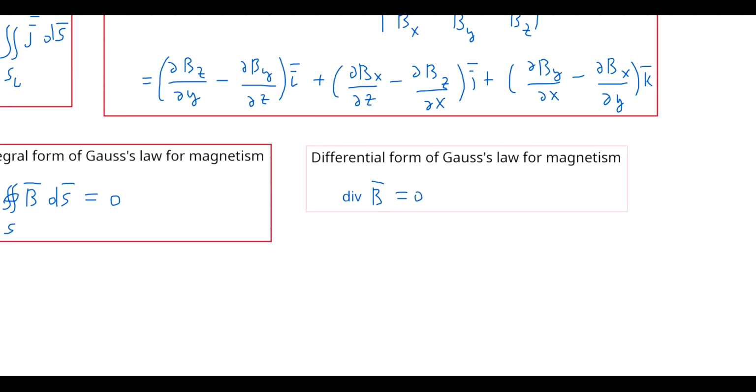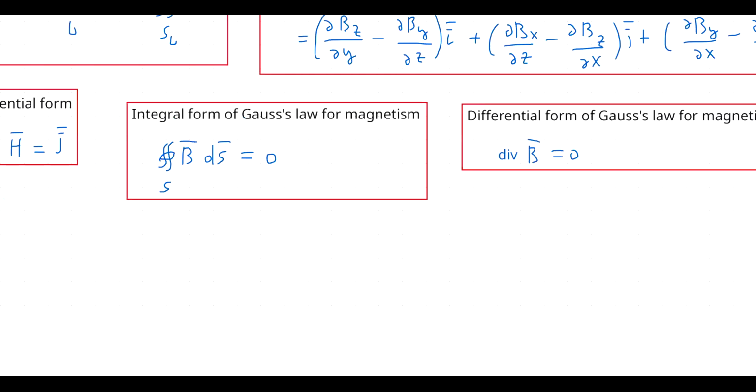Divergence B is equal to 0. Okay, do you have any questions? No questions.